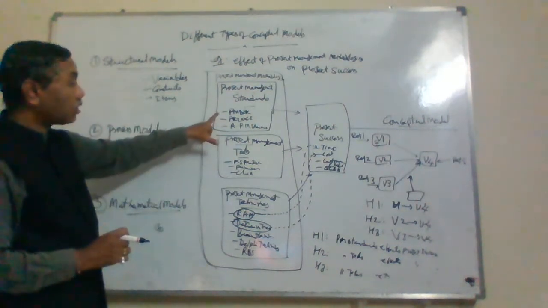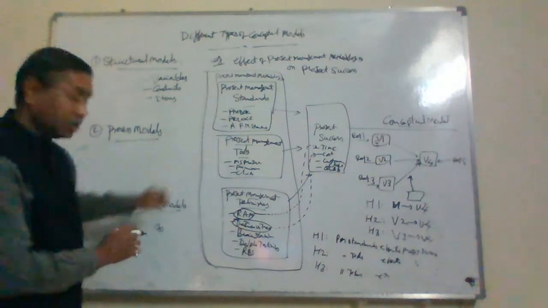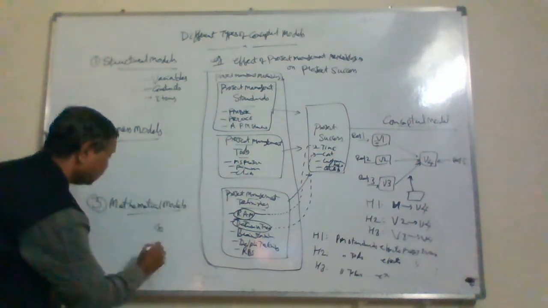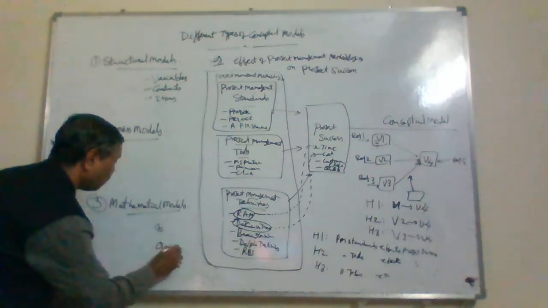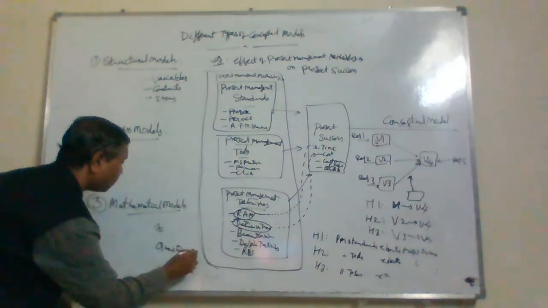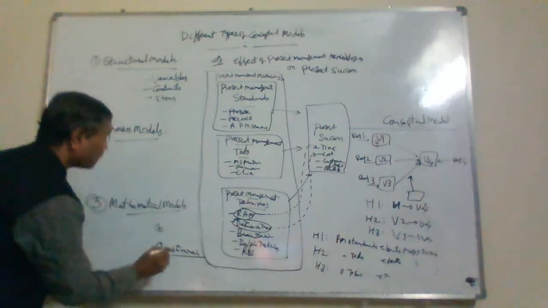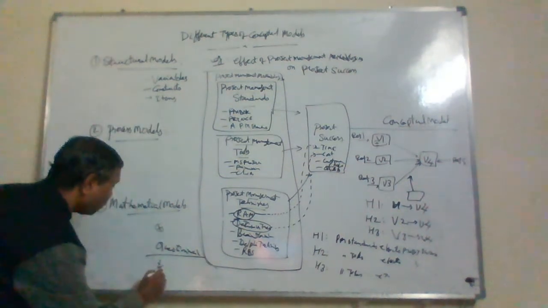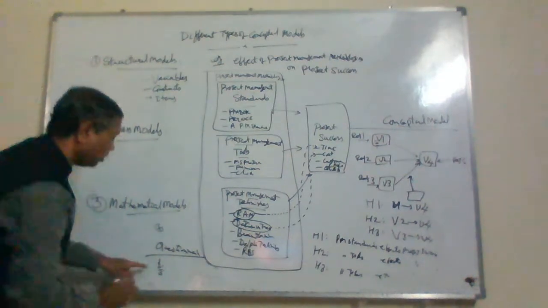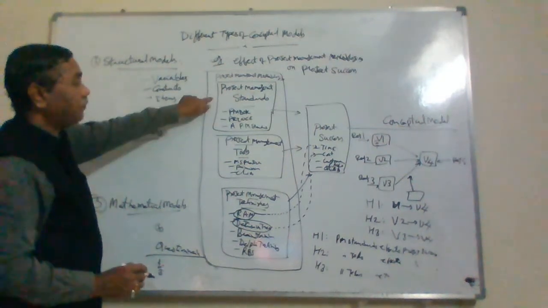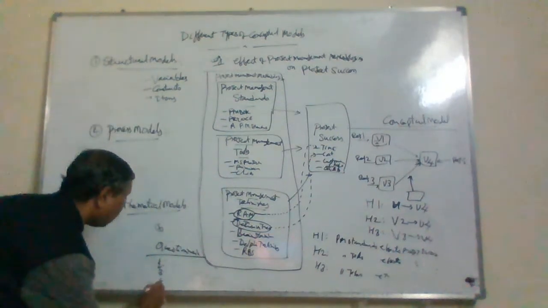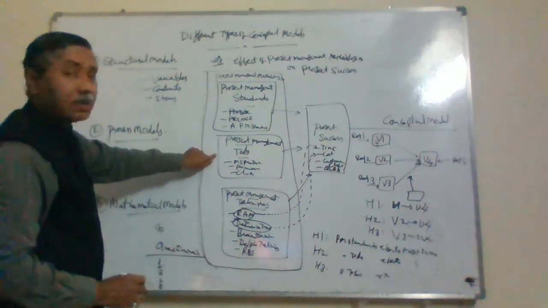For example, you want to develop a questionnaire. You want to make the questionnaire from this conceptual model. So, for example, project management standards, 1 to 3 items are there. You have questions based on the first 3 items from the variable project management standards. Next 3 items from the variable project management tools.